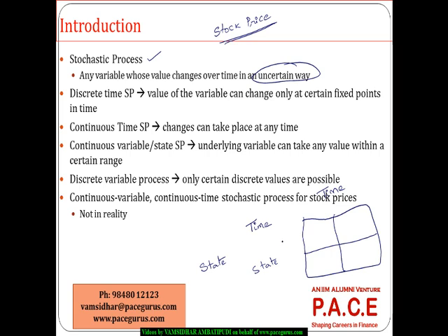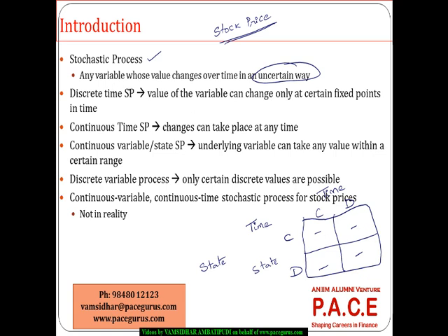Continuous state, discrete state, continuous time, discrete time. So I can have four different kinds of processes: continuous state and continuous time, discrete state, continuous state and discrete time, something like this.